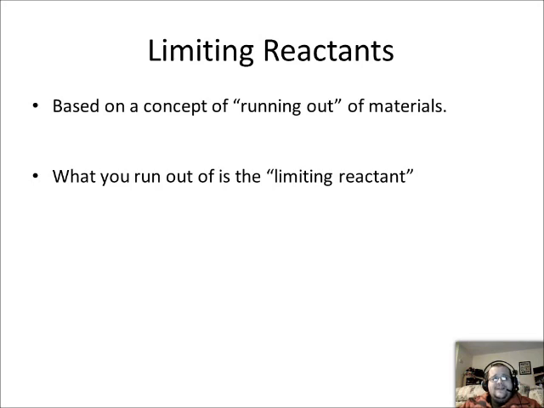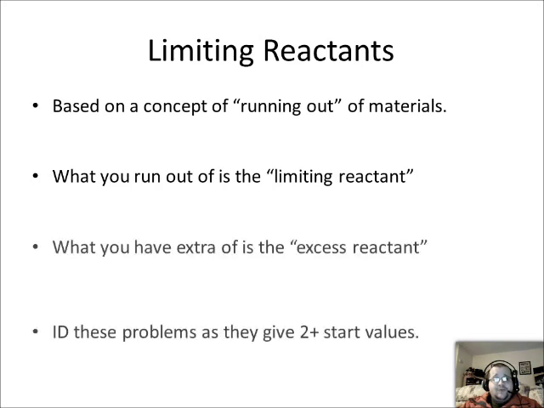We call this the limiting reactant, or the one that runs out first. Now, what we have extra of, we're going to refer to as the excess reactant. We have more of it than we need. So to pick out this type of problem, you're going to be given 2 or more start values, where in a typical easier stoichiometry problem, you would only be given 1 value to start with.